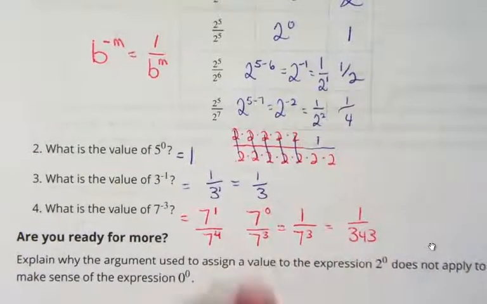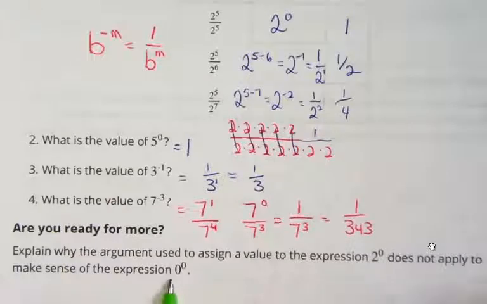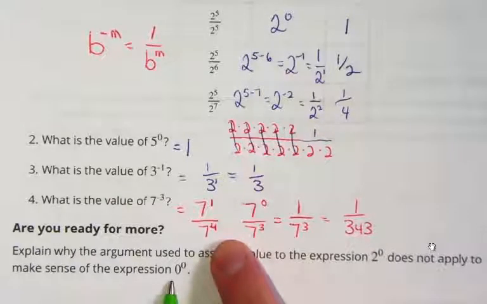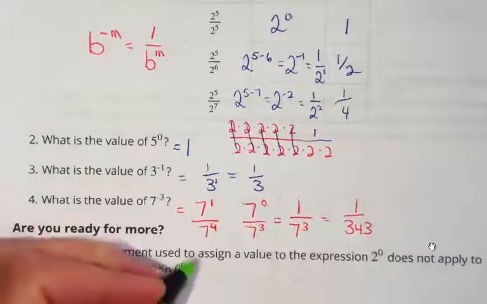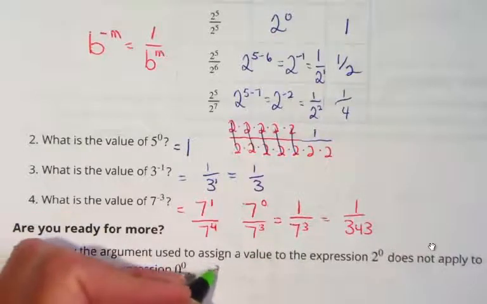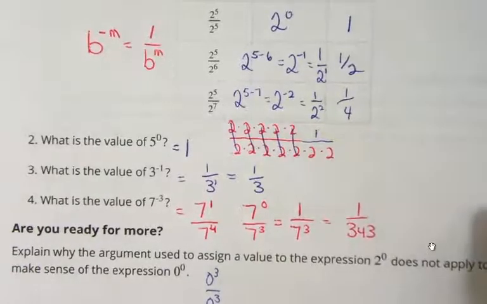And so when we think about it, it's because of this exact reason, this idea that if we were to write it as a fractional exponent like this, we would have something like 0 to the 3rd over 0 to the 3rd. And we can't have 0 in a denominator. That can't happen. So it just doesn't make sense.